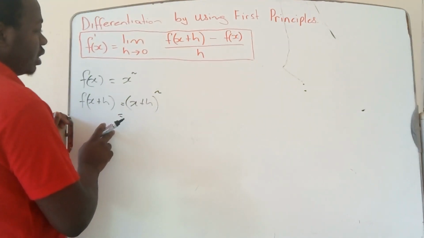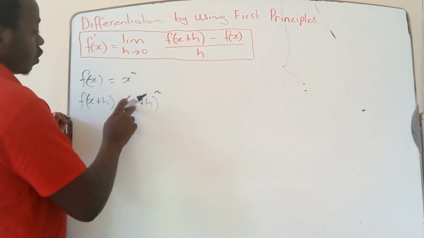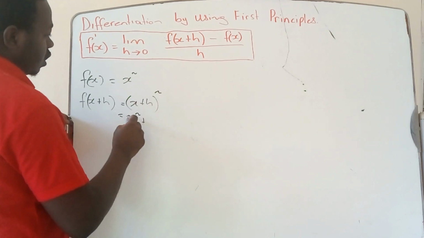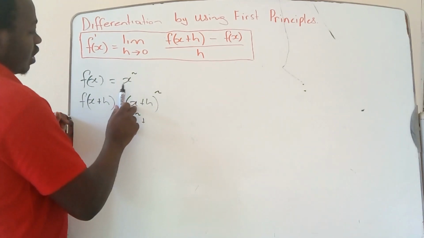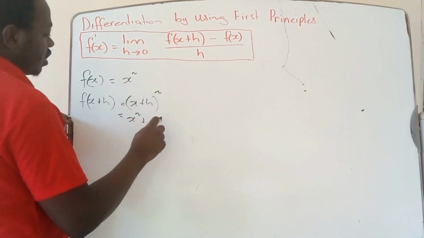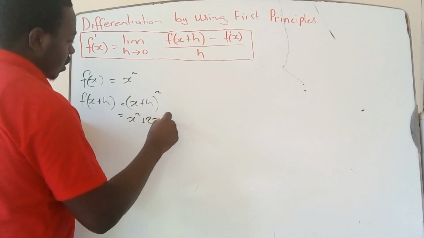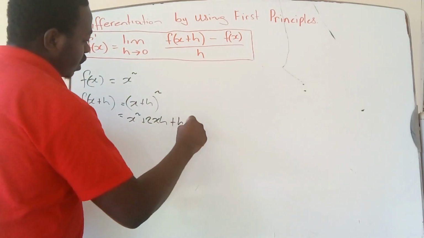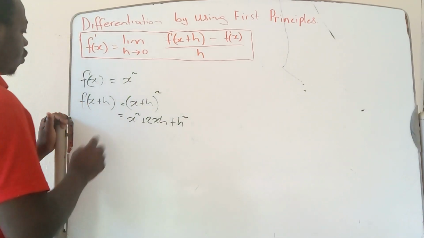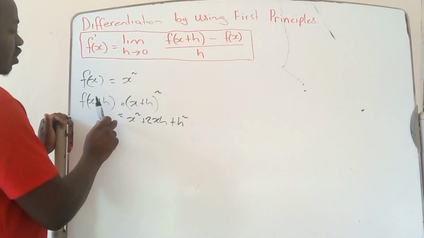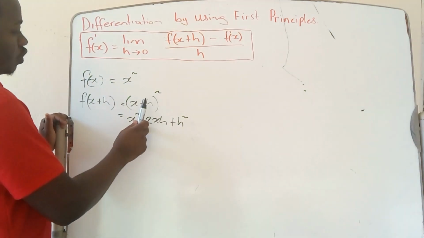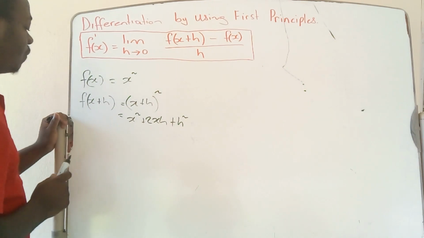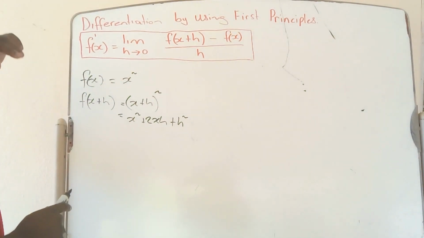If we expand this, we square the first term, which is x squared, plus x times h plus another x times h, that's going to give you 2xh, plus the square of the last term, which is h squared. So really, f of x plus h is equal to x squared plus 2xh plus h squared, right?